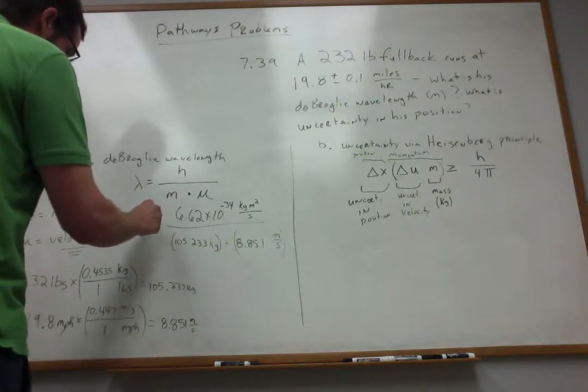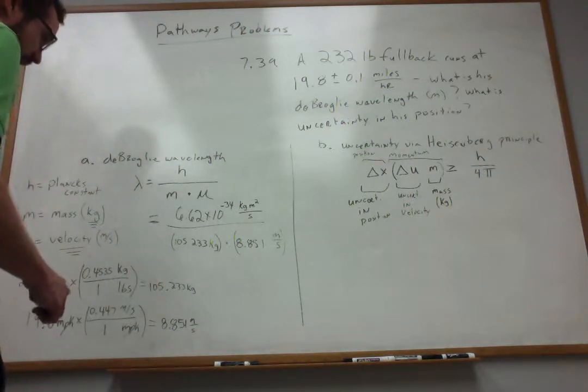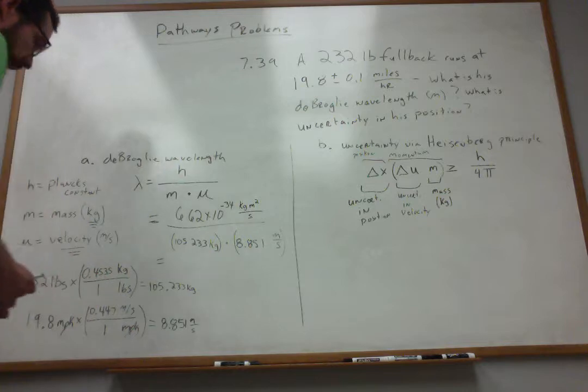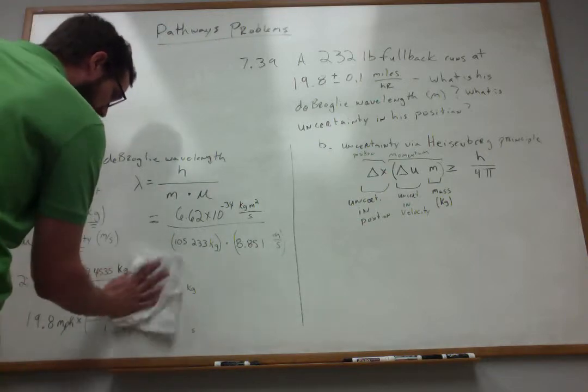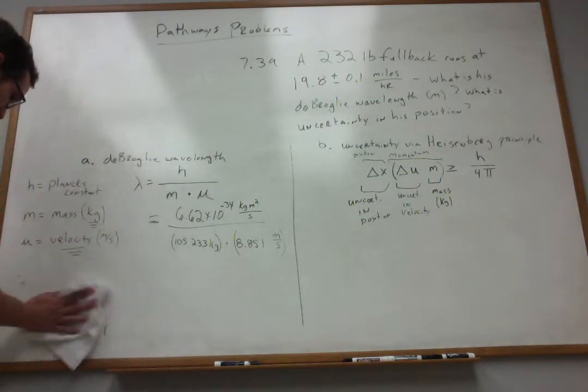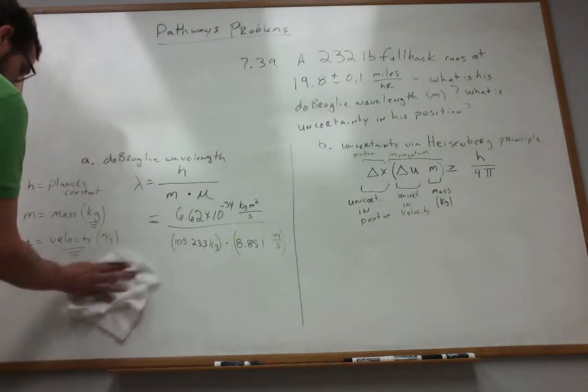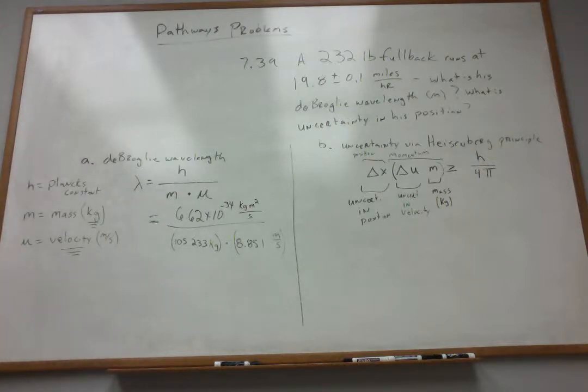All right, so anyway, moving on, we've now successfully computed his mass in kilograms and his velocity in meters per second. So I'm going to erase that since we put the numbers in the equation already. We just need to plug and chug at this point.